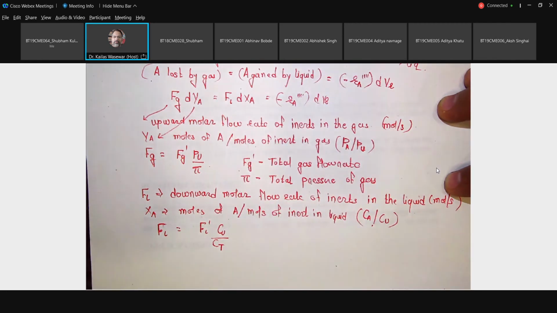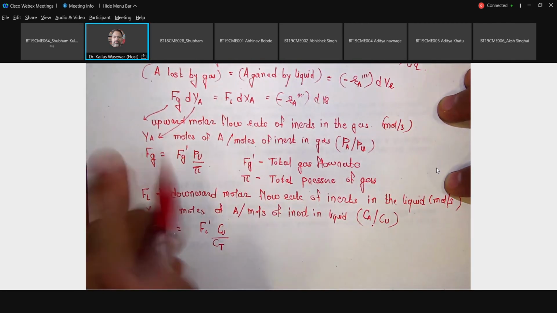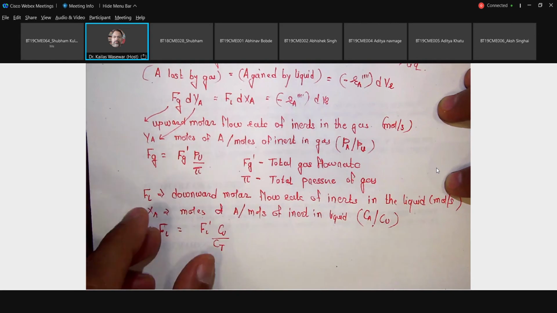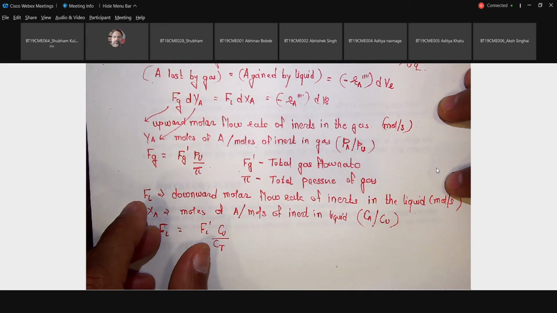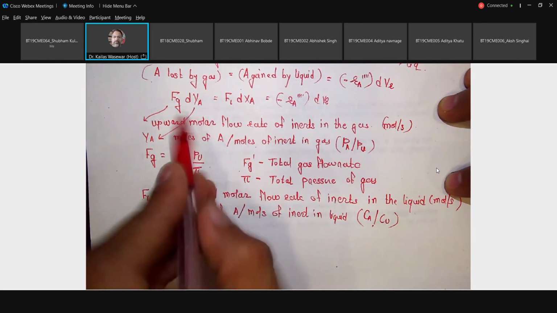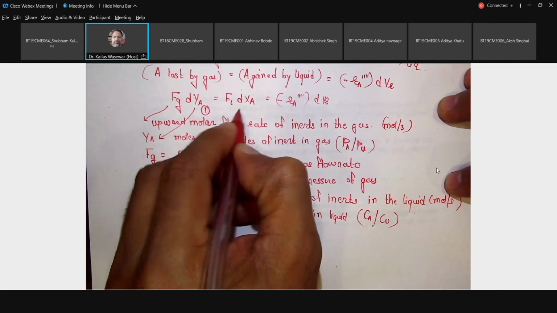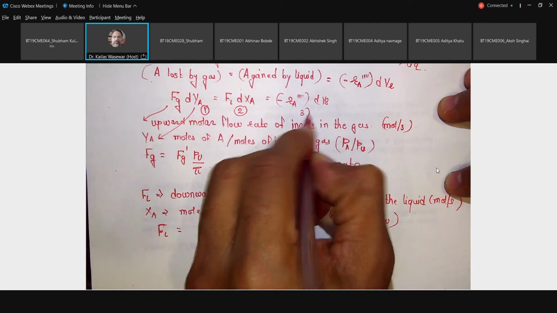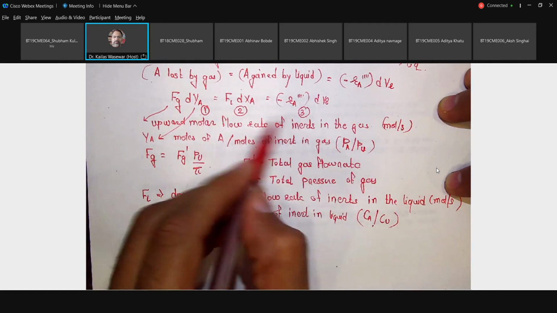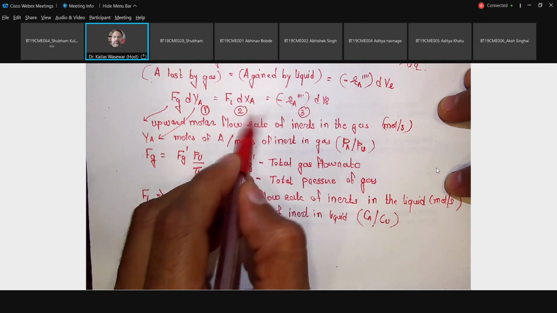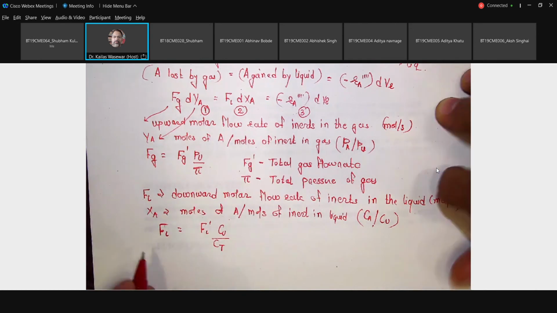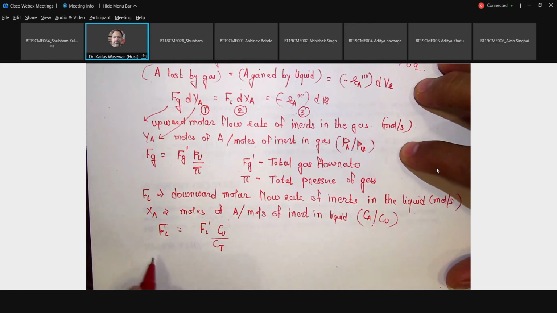Now further we can simplify this 1, 2, 3. So if I take, this is the one term, this is the second one, this is the third one. So from 1 and 2, 1 and 3, and 2 and 3, you can easily get it. VR is equal to what?